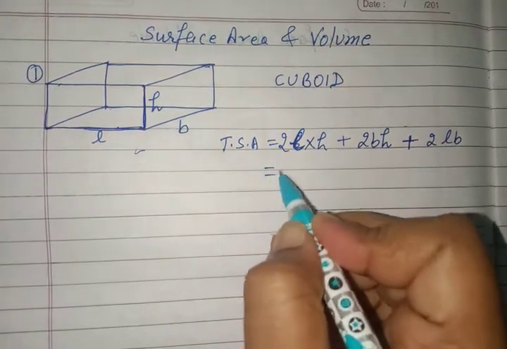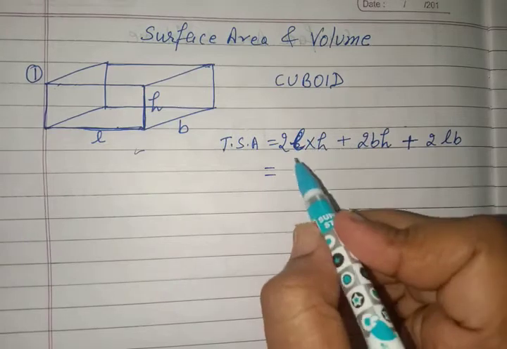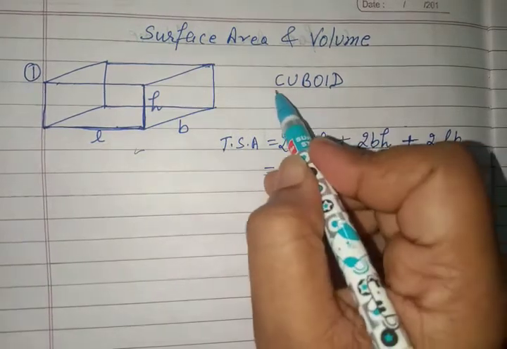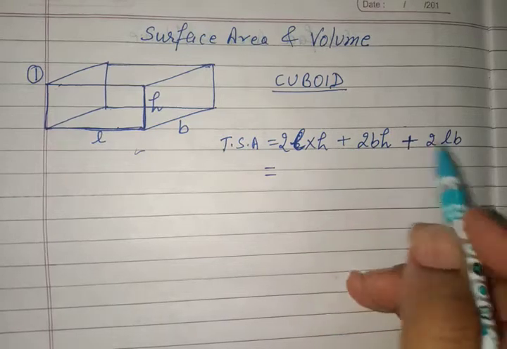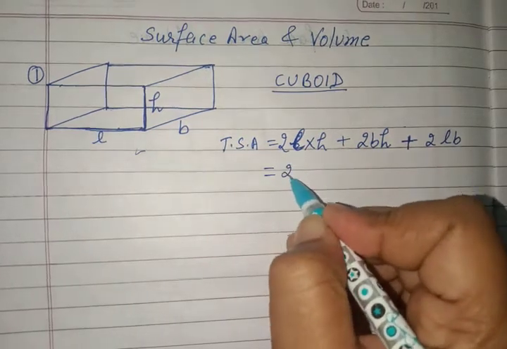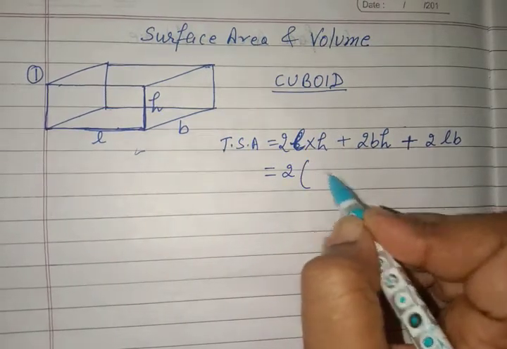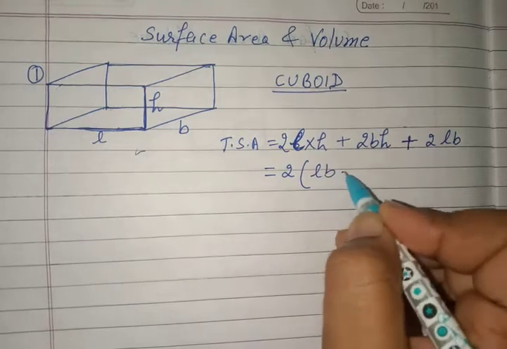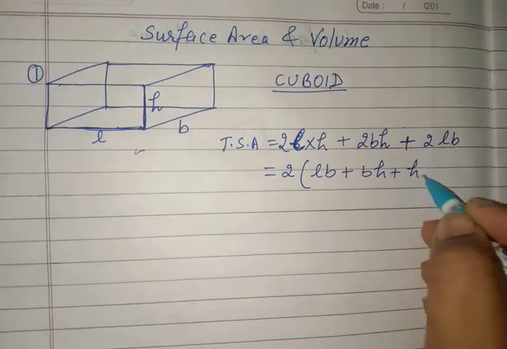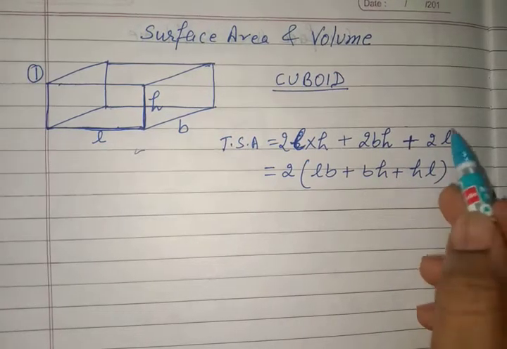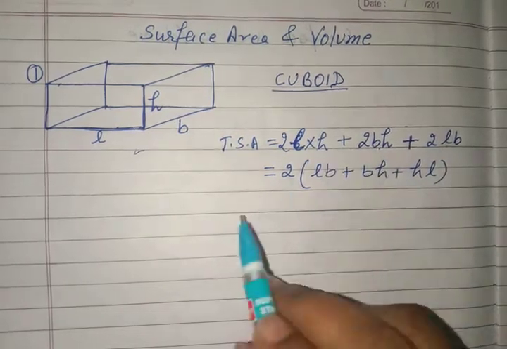Total means the area of all the surfaces, and a cuboid has 6 surfaces. So its total surface area is 2LH plus 2BH plus 2LB. We can take 2 common and the formula will become 2(LB plus BH plus HL). It is one and the same thing.